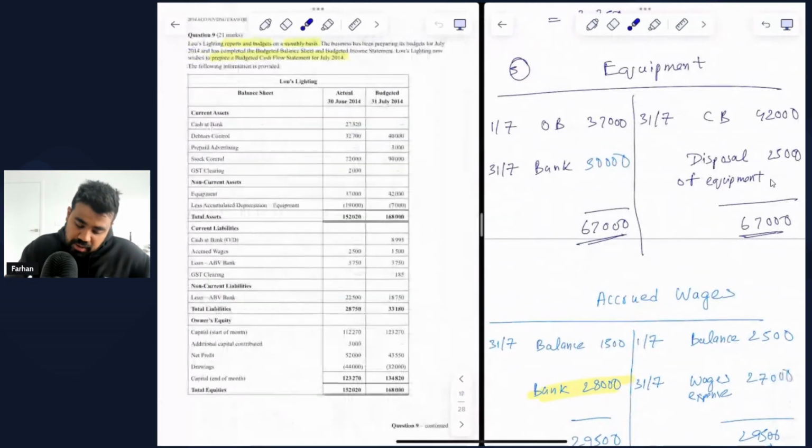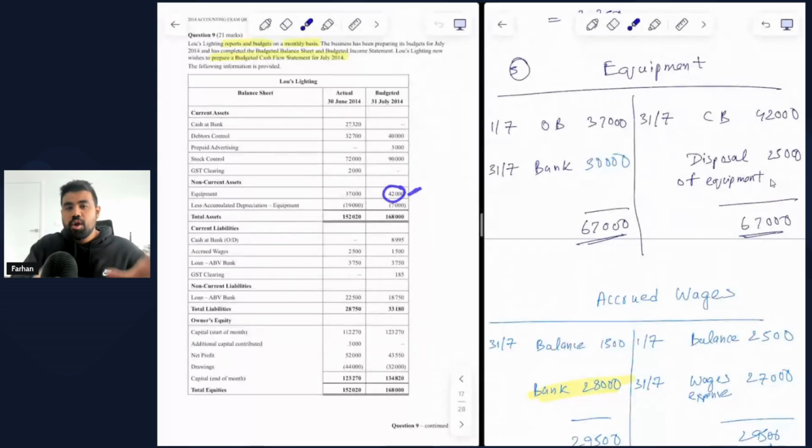So the balances for equipment that we are given here at 30 June 2014 of $37,000 and $42,000 at 31 July 2014 are the original costs, right, for these equipment. And by the end of 31 July 2014, this $42,000 should already have the effect for the old equipment removed, right? Because we have already disposed the old equipment. So that wouldn't be a part of this $42,000, right?